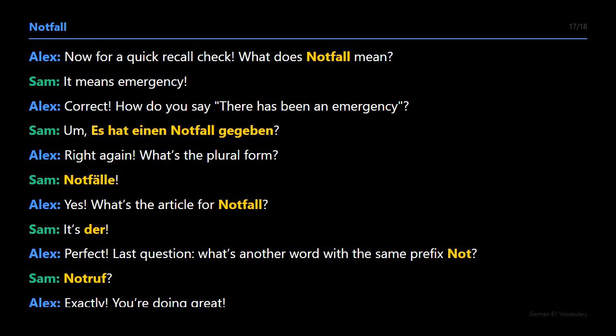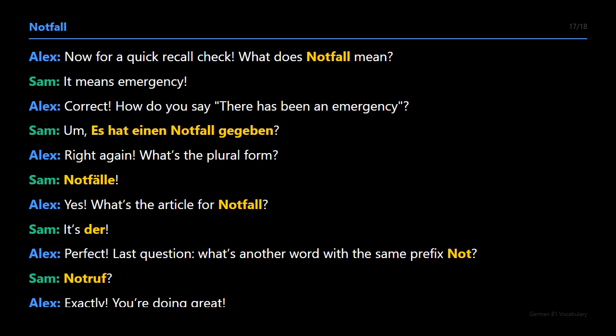Now for a quick recall check. What does Notfall mean? It means emergency. Correct. How do you say there has been an emergency? Es hat einen Notfall gegeben. Right again. What's the plural form?